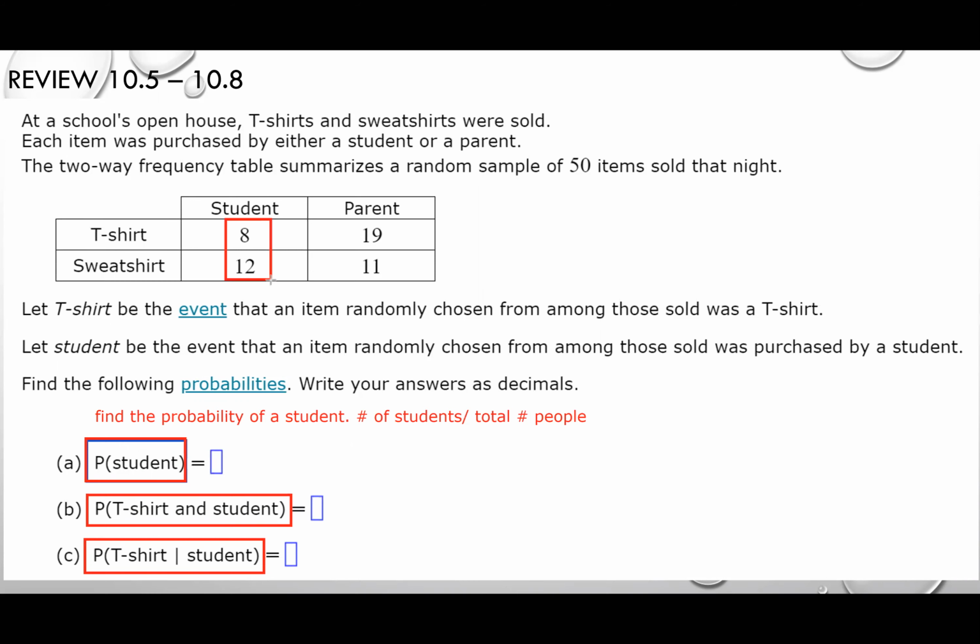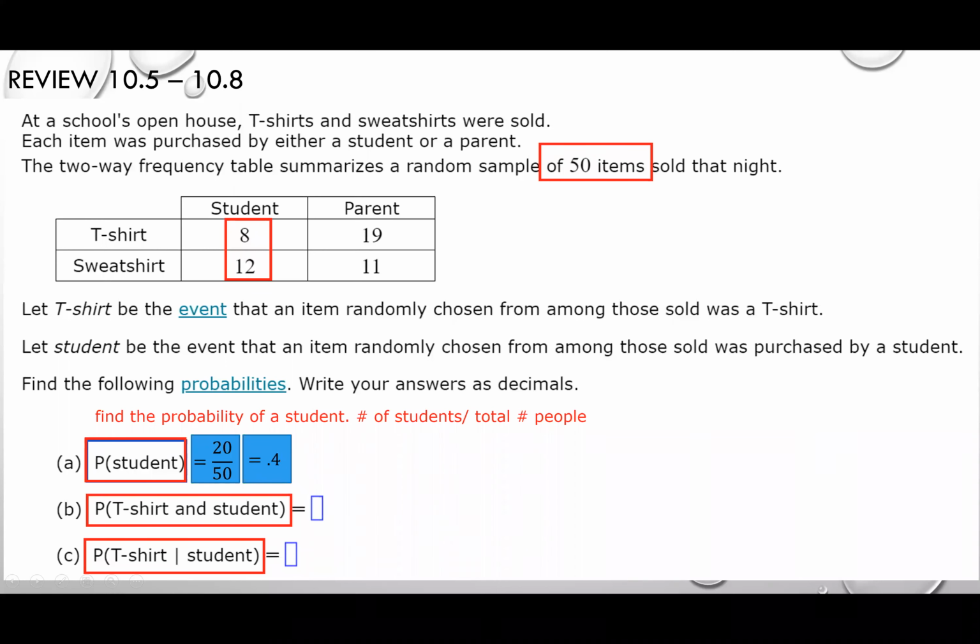Doesn't matter t-shirt or sweatshirt, I have 20 of them, and the total in my study is 50. So the probability of a student is 12 plus 8, which is 20, over 50. Because they asked me to write it as a decimal, I divide and that gives me 0.4. That's the probability of a student.